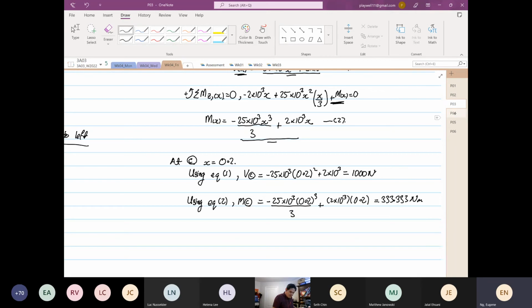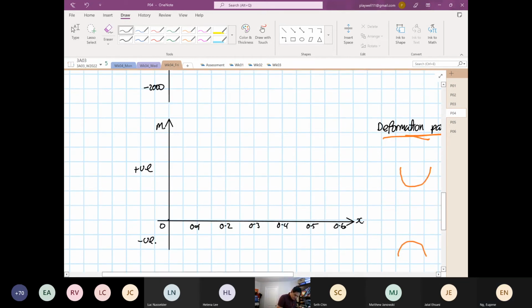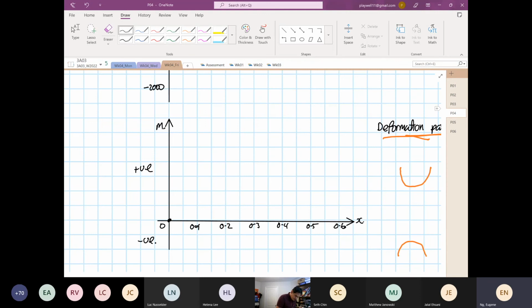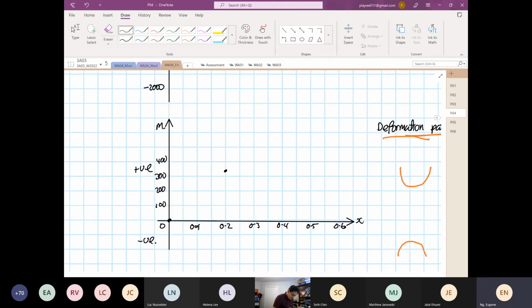And the moment at point A is equal to 0. And then at point C, we calculate it equal to 333.333. So this is 100, 200, 300, 400, and 333.33 is somewhere around here. And if we look at the equation, it's a third order polynomial equation and it's a sad face. So the equation will go like this.